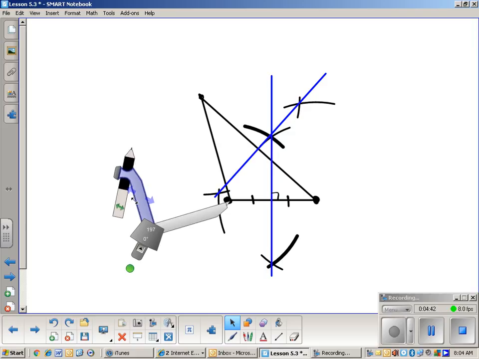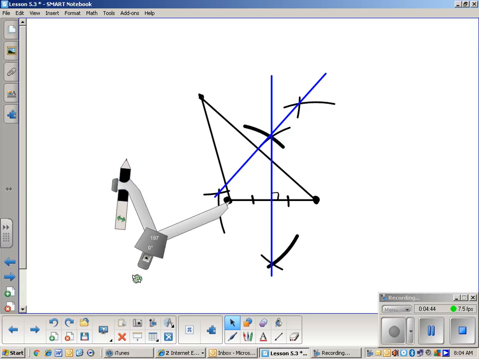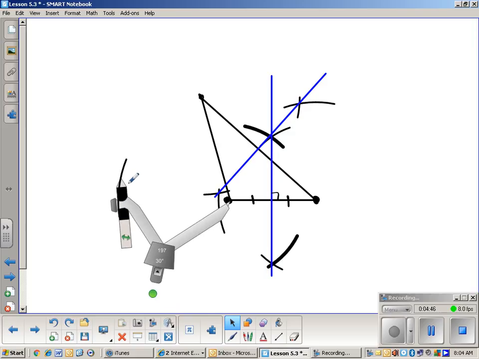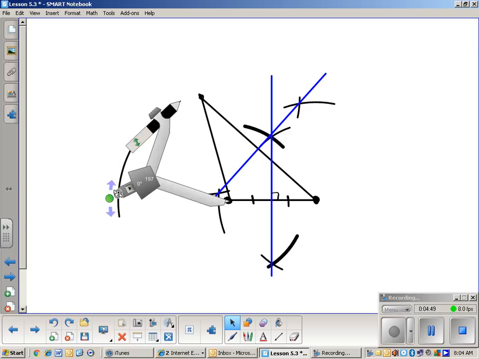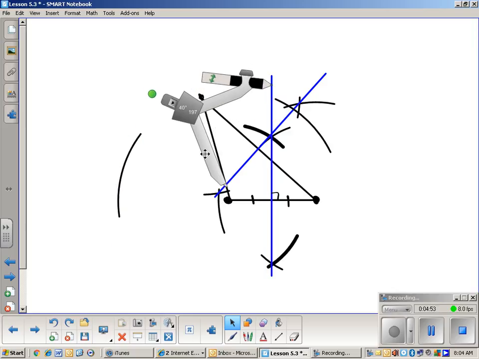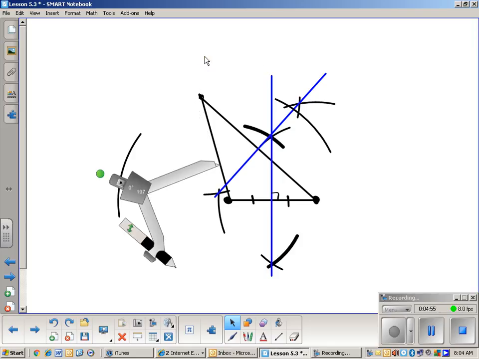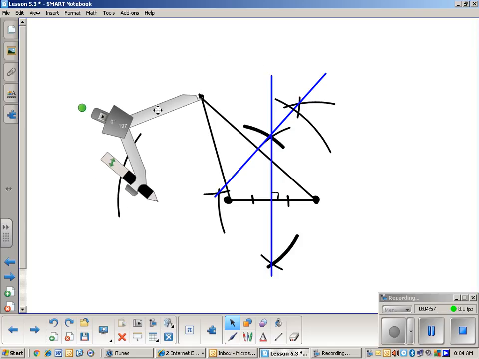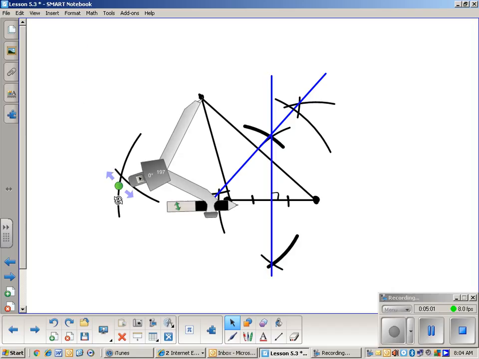I'll make my distance just a little bigger so I don't end up being confused on the same arc over there or something. Draw one there. Draw one. Let me go up to this one. The same thing here.